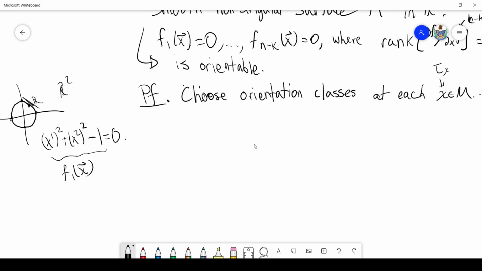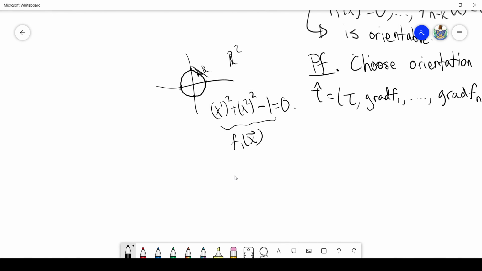Now, we want to look at this frame, tau hat, which is the frame that we get by adjoining tau with the gradient vectors of the functions which define M. Like in this case, the gradient of f1 is going to be, if we take a derivative with respect to x1, we'll get 2x1.